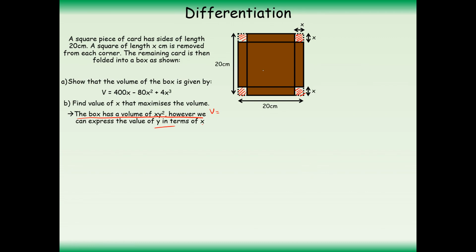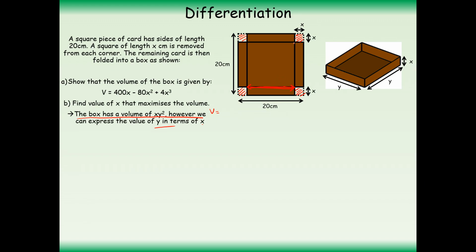I hope you have had a go at this problem. Now this volume is x y squared, telling us that really after folding, this length here is y. The y is squared, this length of this square here, after subtracting x's here.